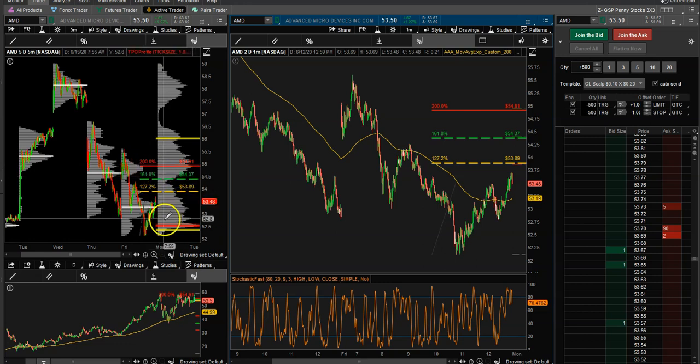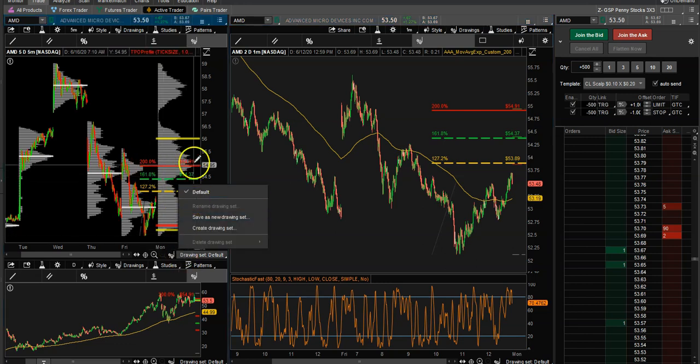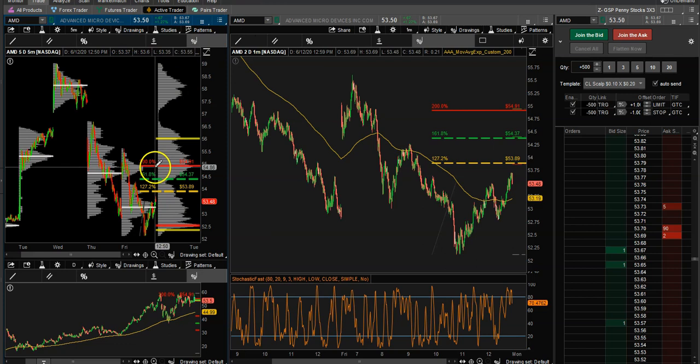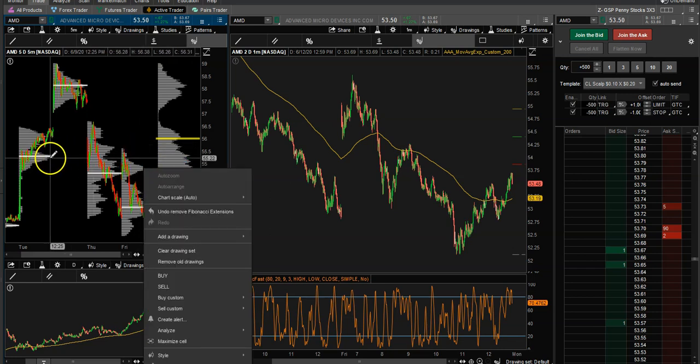If we come over here, look at this. It's also the 200. Let's erase this for a second. Just remember that 54.90 level is also a high volume node here, and it's also the high of this profile that was starting. Over here, we know there's a point of control that was there before.